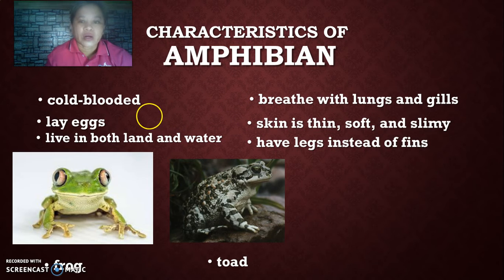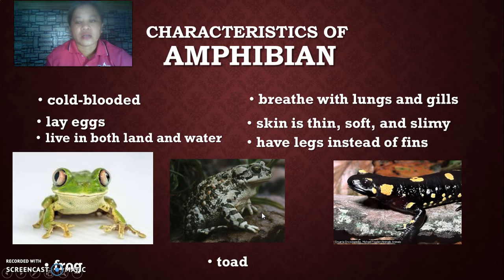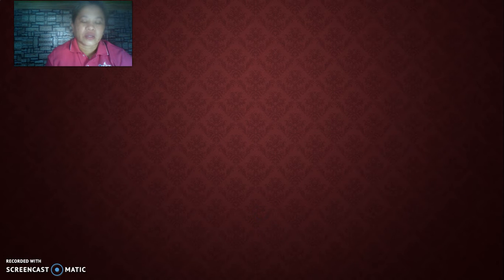The skin of the frog is smooth, while the skin of the toad is rough, somewhat like it has warts on the skin. Next example is the salamander. So that is the characteristic of amphibians.